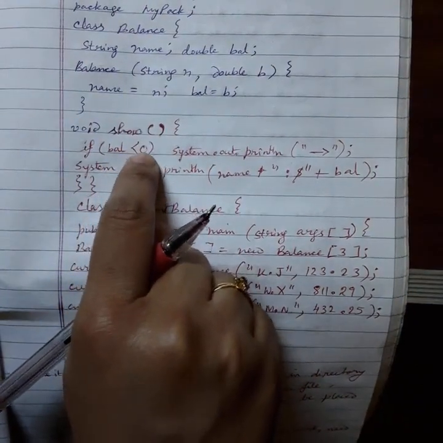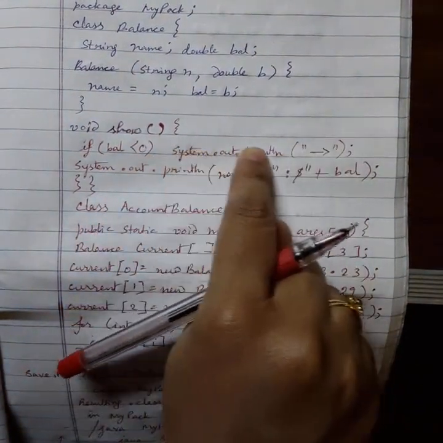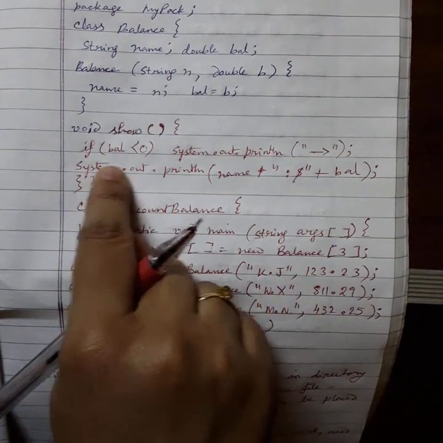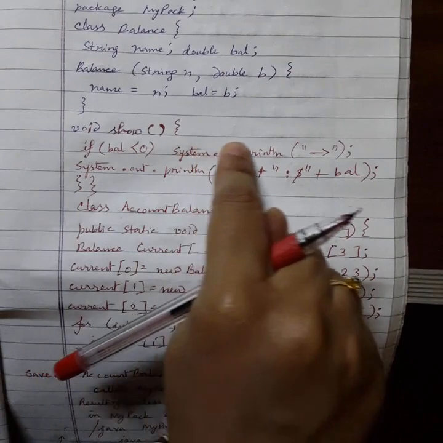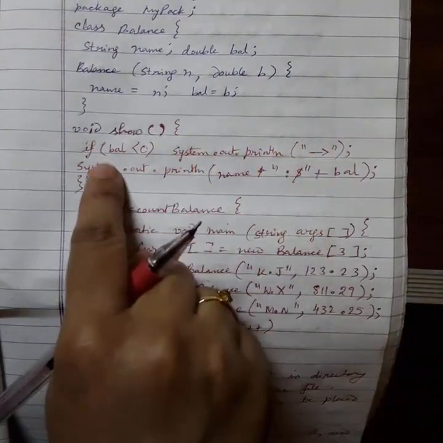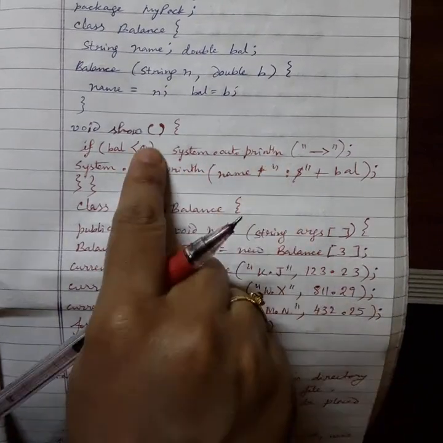and if the balance is less than 0, then only this is displayed. But if balance is not less than 0, then this is anyhow displayed.